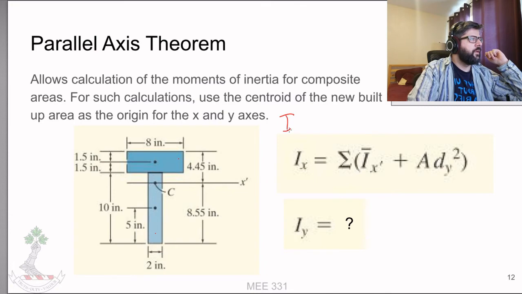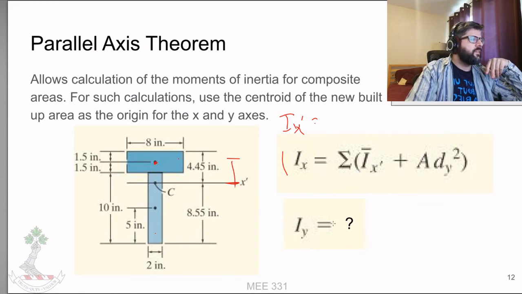So Ix prime in this instance would just be the Ix calculated based upon having a rectangular shape, and the A is obviously just base times height, and then the dy in this instance would be calculated based upon the distance between the centroid of the original rectangular member that got added here, and the new centroid calculated based upon the combination of these two members in question. So that'd be for our Ix.